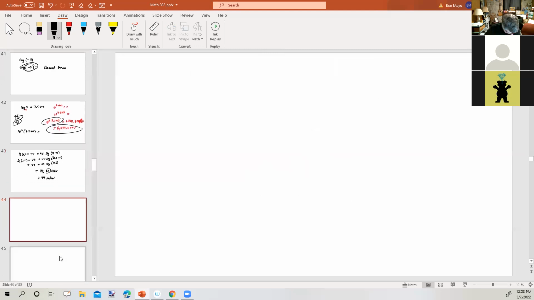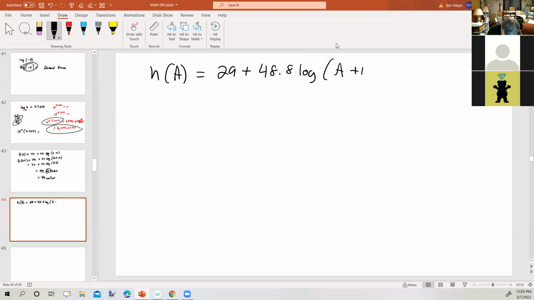Take a look at another example. This says children's height. How tall is a child? The logarithmic function h of a equals 29 plus 48.8 times the log of a plus 1 gives the percent of the adult height a male child a years old has attained.